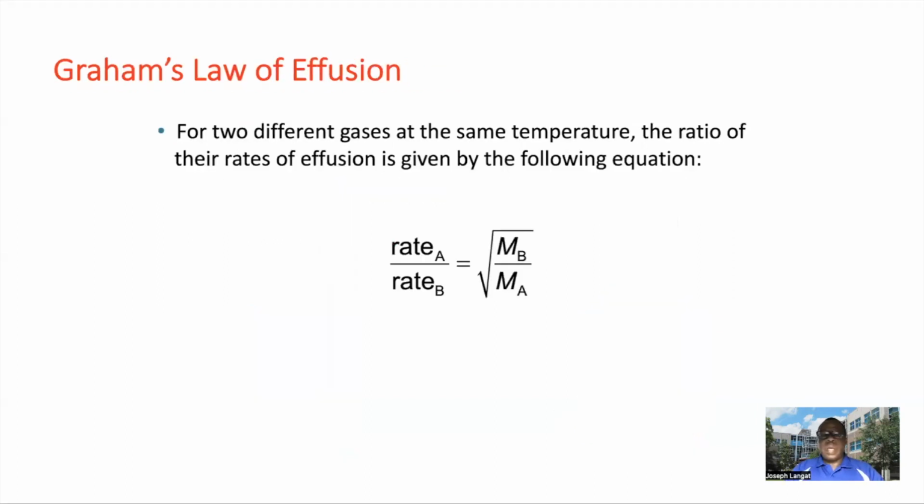Back to rate of effusion. Graham's law states that for two different gases at the same temperature, the ratio of their rates of effusion is given by the following equation. We call this Graham's law of effusion. And remember, effusion is the escape of gas molecules through a tiny hole into a vacuum. Their rate of effusion is inversely proportional.